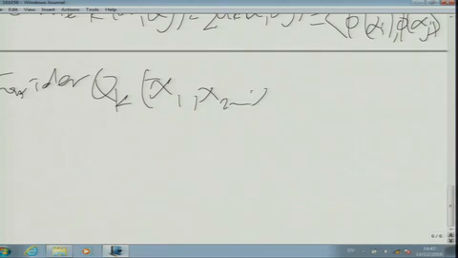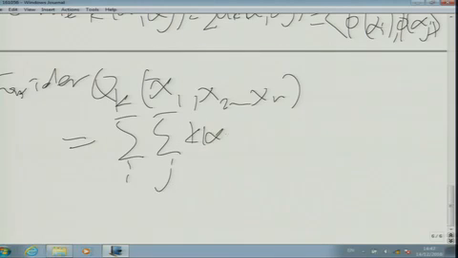And we consider the quadratic form Q_K(x1, x2 to xn), which is equal to the summation of K(alpha_i alpha_j) x_i x_j.